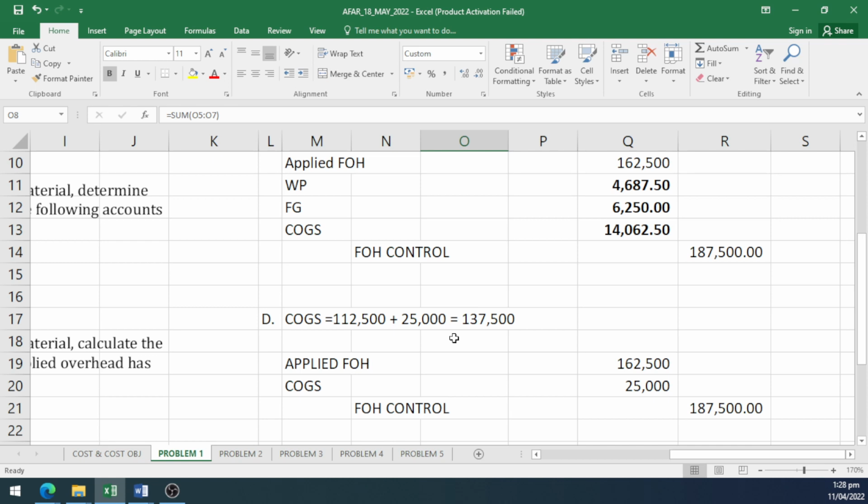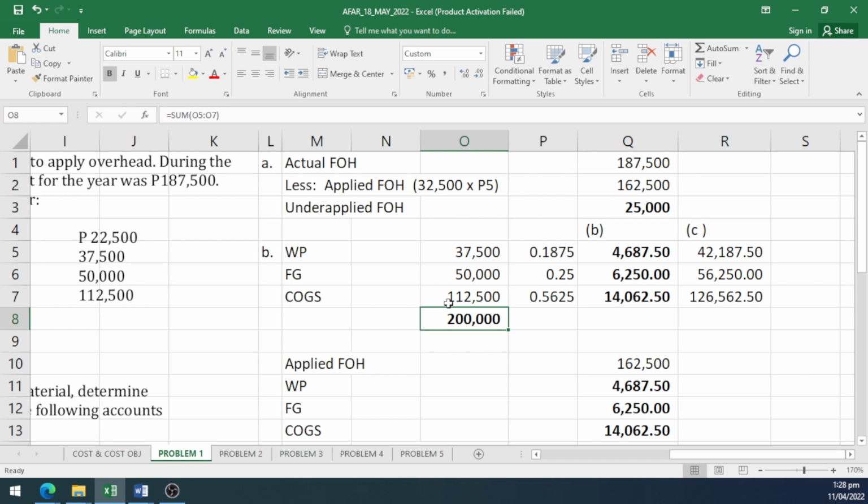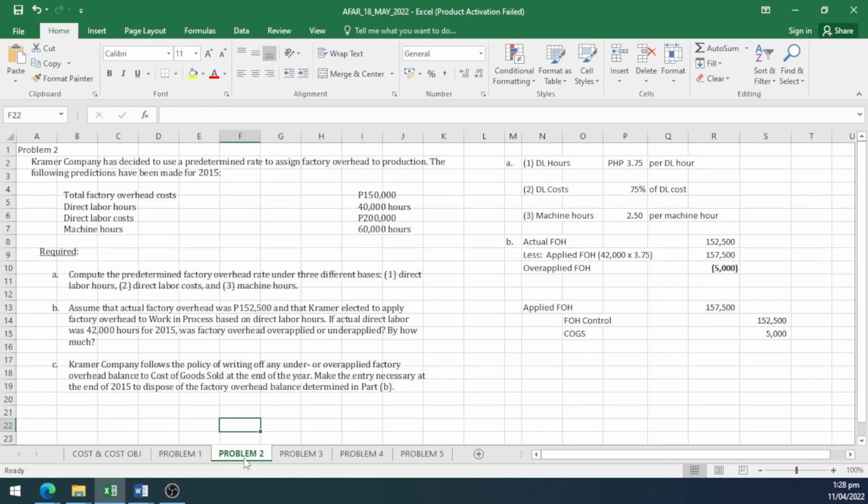Cost of goods sold lang maaapektuhan. Okay? I hope that is clear. Hindi naman mahirap yan, ladies and gentlemen. Yang under or over-applied, tapos yung disposition. Chicken feed niyo dapat yan. Hindi yan mahirap.